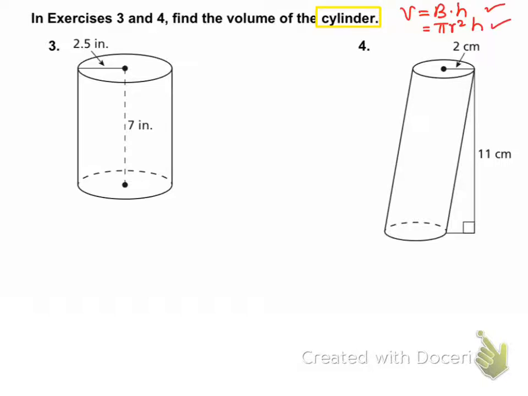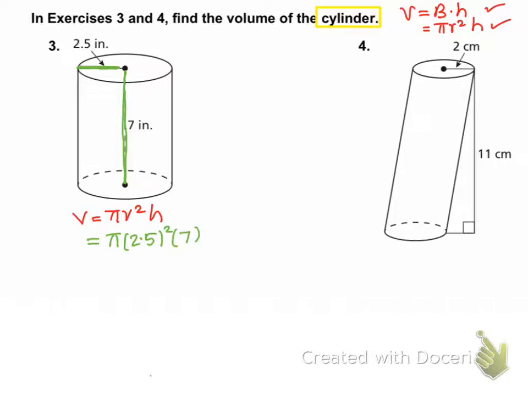I'll be using the second one. V equals pi r squared h. We identify our r, and h is this 7. Just plug it in: pi times 2.5 squared, and the height is 7.